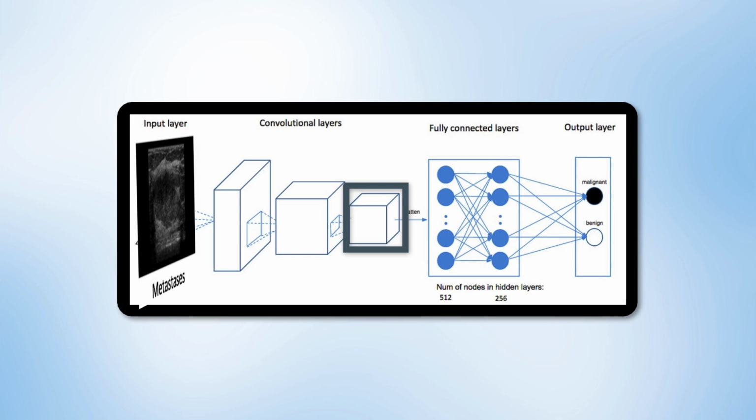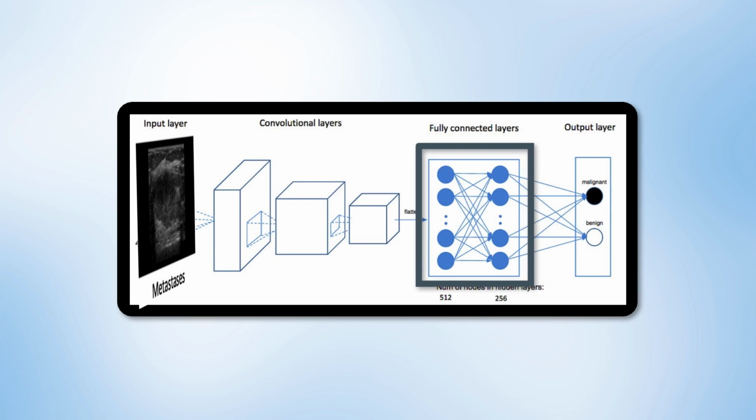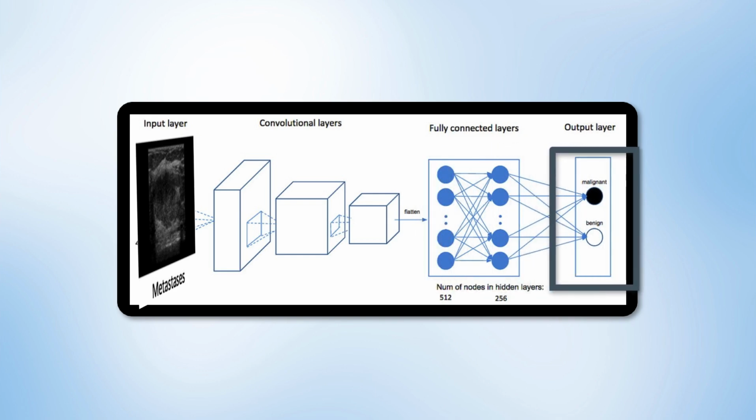Each feature map must be flattened into a one-dimensional array of pixels for it to be fed into the input layer of the fully connected network, where each pixel corresponds to a node in the input layer. The fully connected neural network is responsible in taking these features as inputs, processing them to obtain a final probability as to which class the image belongs to. In this case, the input is classified as corresponding to a malignant breast lesion.